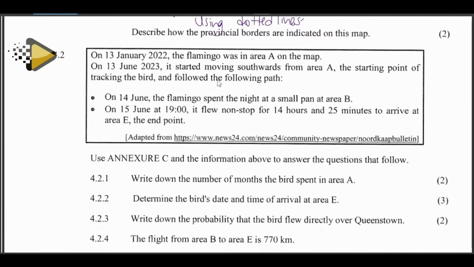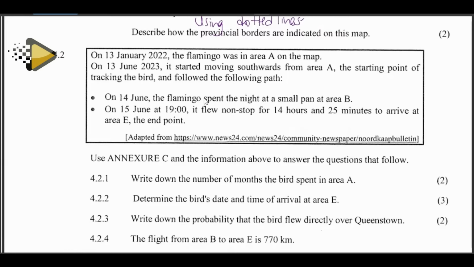Dotted lines, okay. On 13th January 2022, the flamingo was in area A on the map. On 13 June 2023, it started moving southwards from area A, the starting point of tracking the bird, and followed the following path.